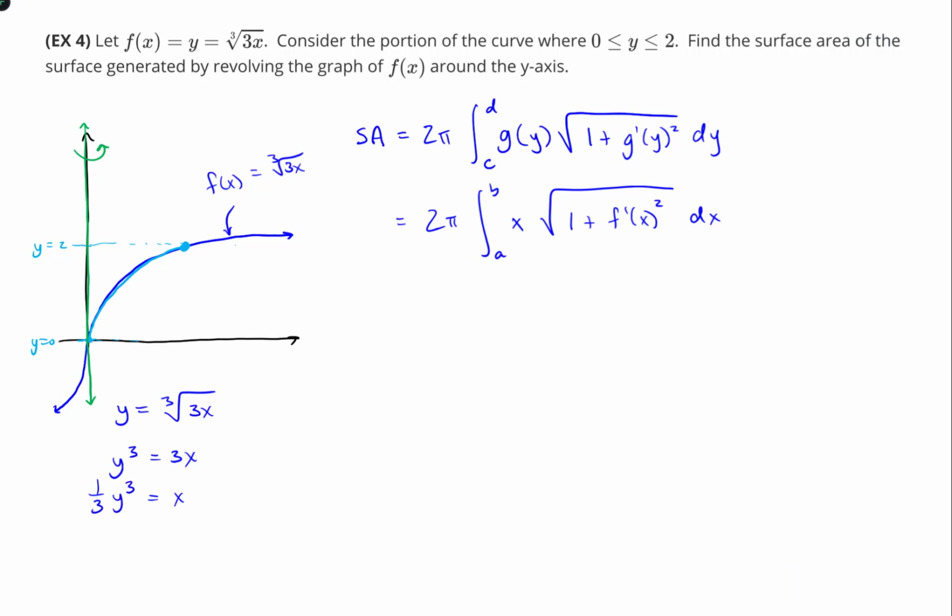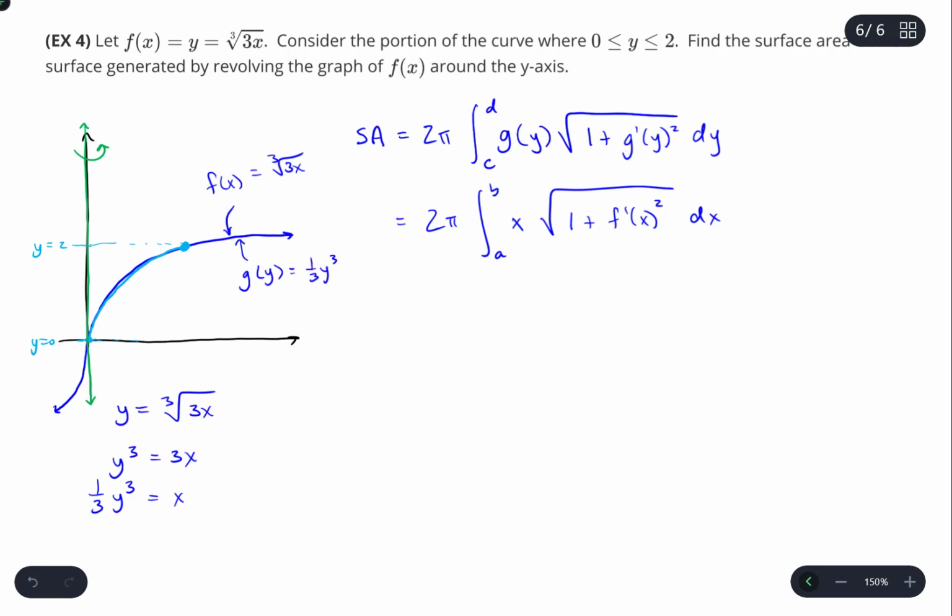Then I could equivalently say that this is g of y equals 1/3 y cubed. All right, and that being the case, I can actually use this first method here. Let's say this is a.